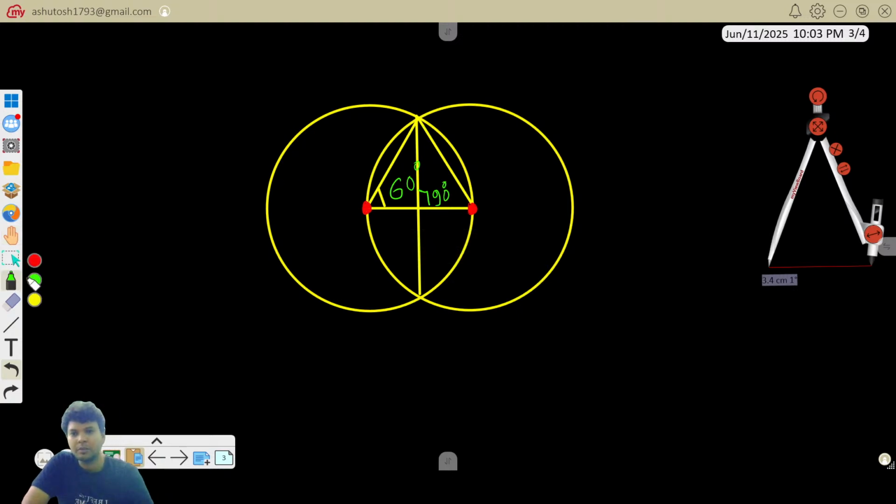So here we make an angle of 90 degrees. This thing is 60 degrees. What is this angle? This is 30 degrees. So we actually made 30 degrees out of nothing.